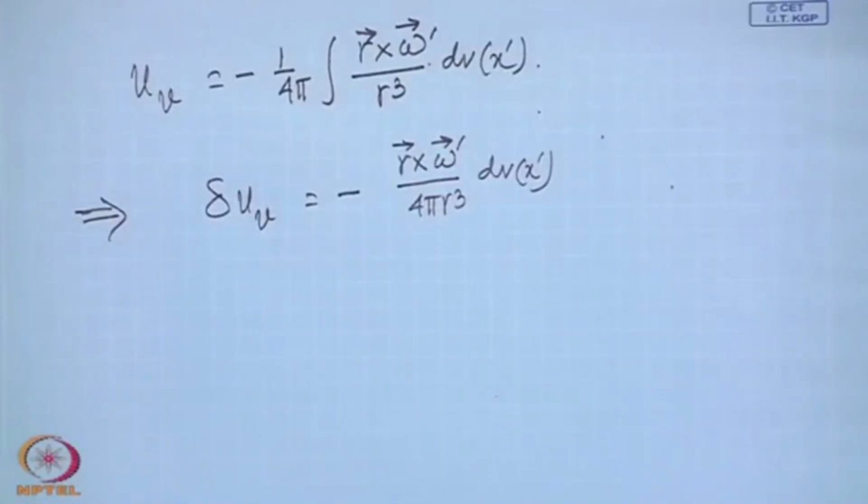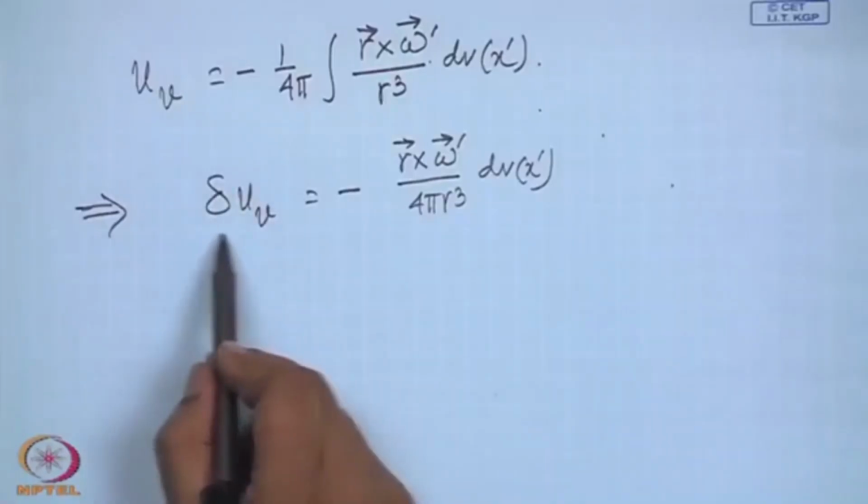It is possible. But in case of vorticity, it is not possible that in an infinitesimal element of volume there is some non-zero vorticity distribution, but everywhere else the vorticity distribution is 0.